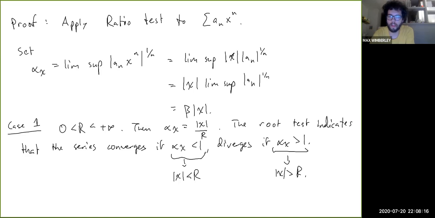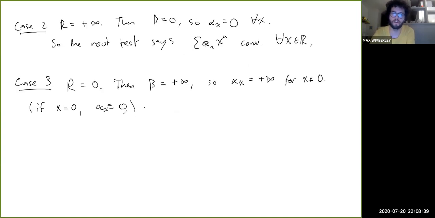Literally every one of these numbers is just 0 for each value of n, so clearly the lim sup will end up being 0 no matter how fast a_n grows. Even if a_n is like n factorial raised to the n factorial power, if every term in the sequence is 0, then the lim sup is 0. So alpha of x is 0 for x equals 0, but it's actually infinity for all other values of x.